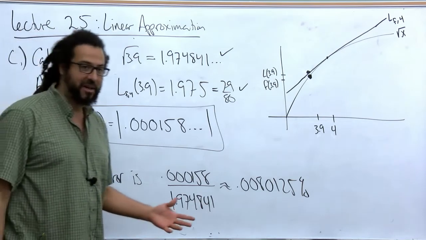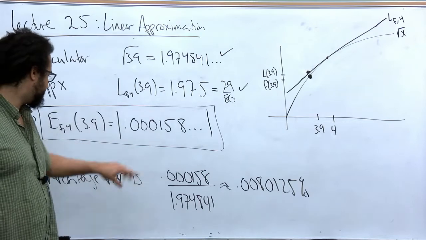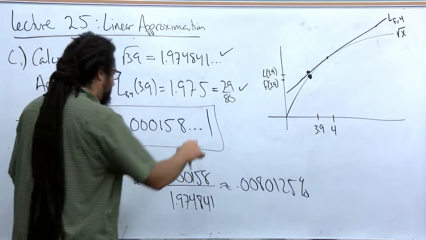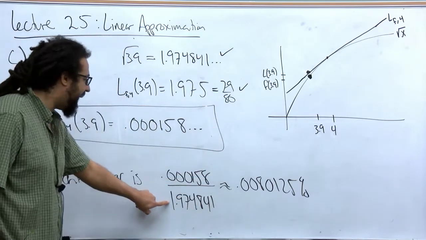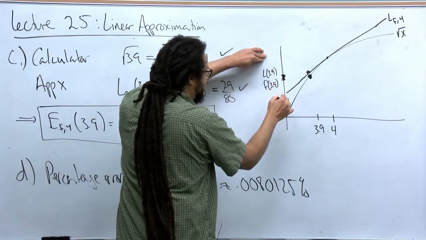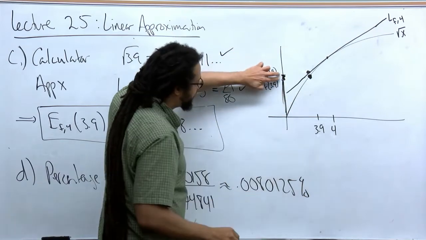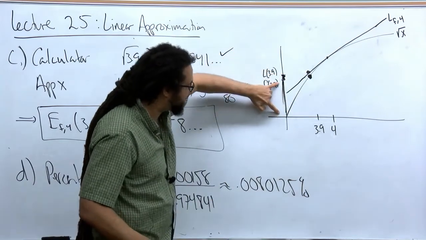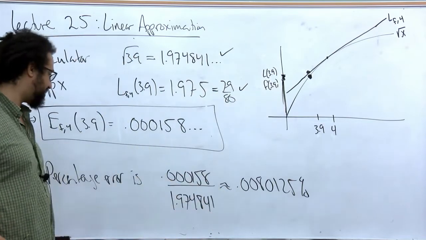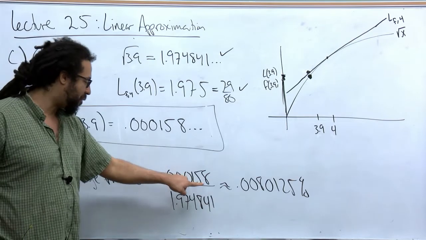What about the percentage error? So we just want to take this thing and divide it by the actual value. We want to take the little sliver here and divide it by this whole quantity here. So it's the ratio of this tiny little bit to this whole bit, and we want to express that as a percentage. The tiny little bit we got was 0.000158.